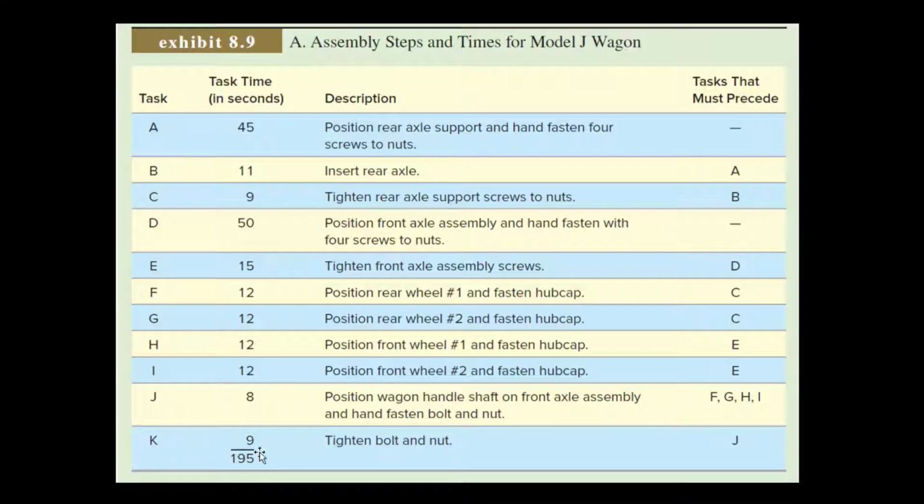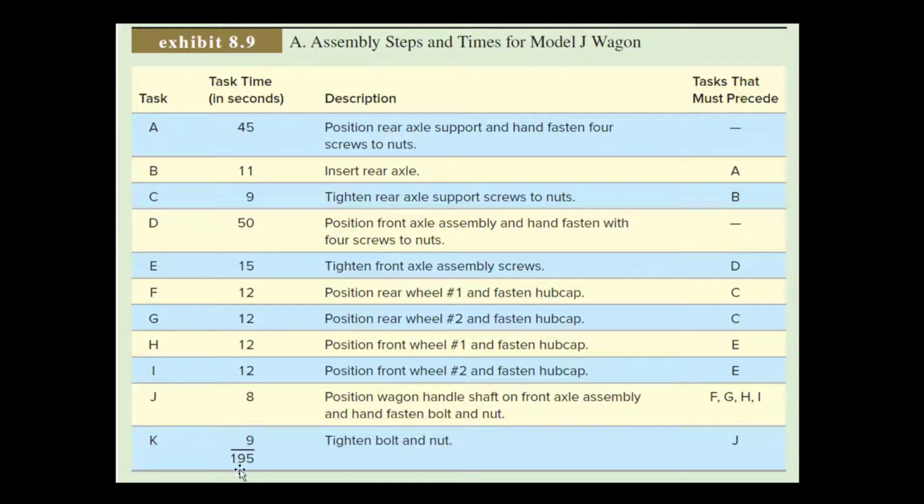And the final task is K, which takes 9 seconds, tightening of bolts and nuts, and it can be done only after J is completed. So these are the task times and the precedence requirements of all the tasks.